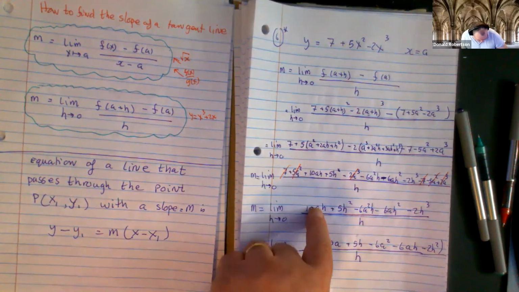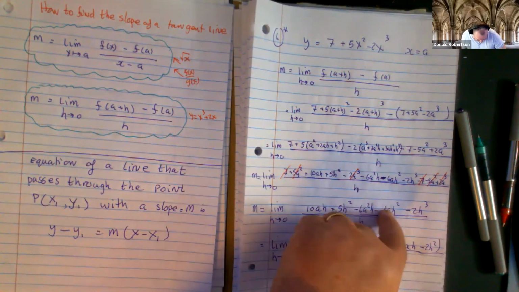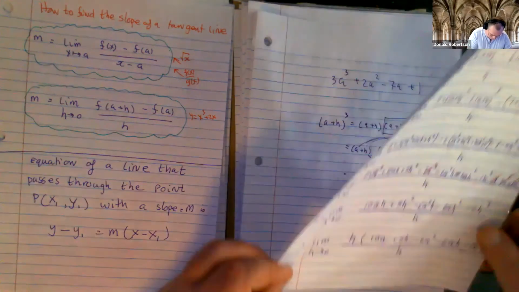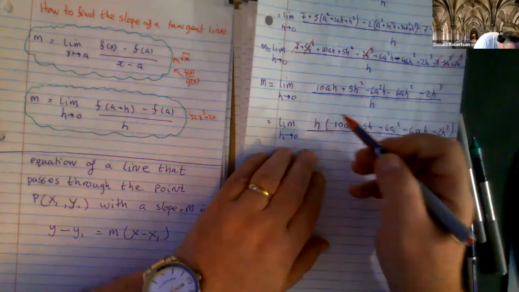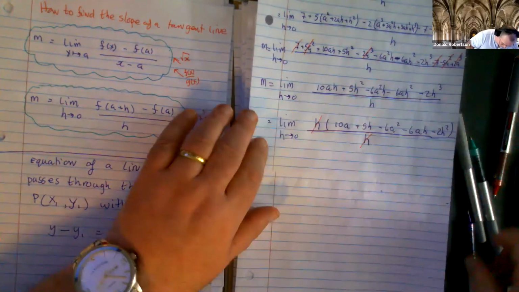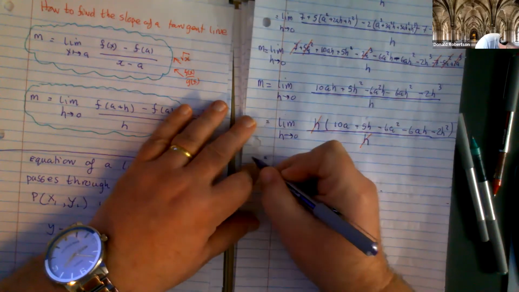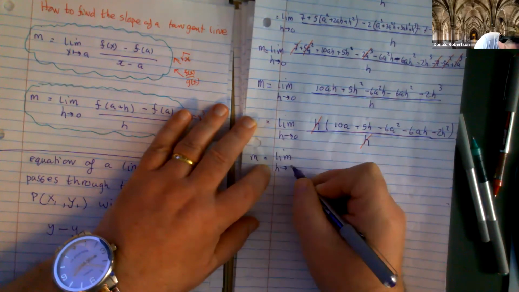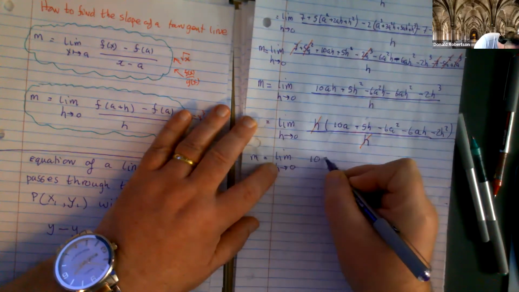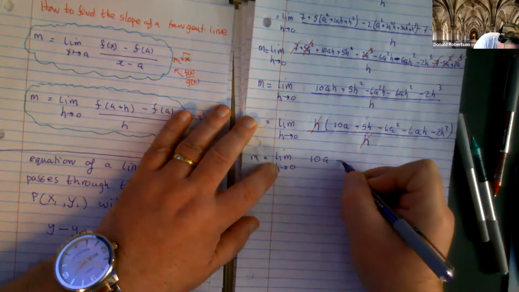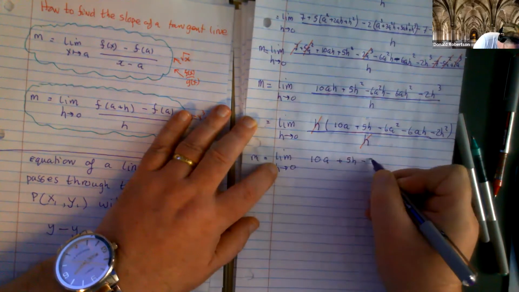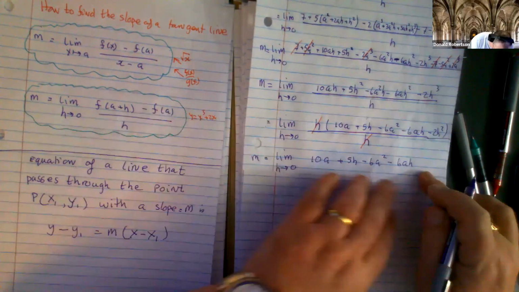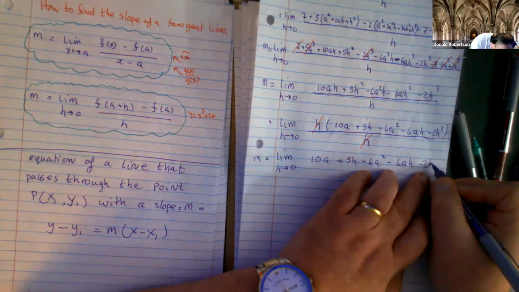Check it. 1h out, 1h out, 1h out, 1h out, 1h. I can now cancel those. And I'm now left with the limit as h tends to 0 of all of this stuff: 10a plus 5h, take away 6a squared, take away 6ah, and lastly, take away that guy.